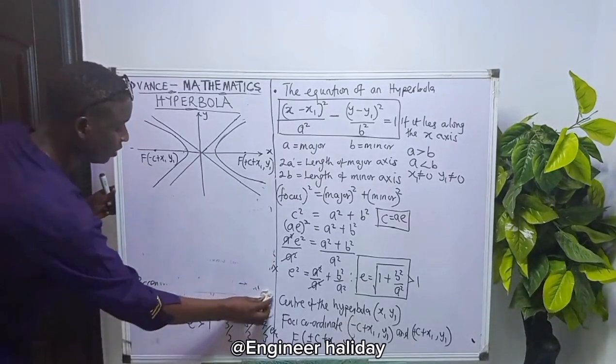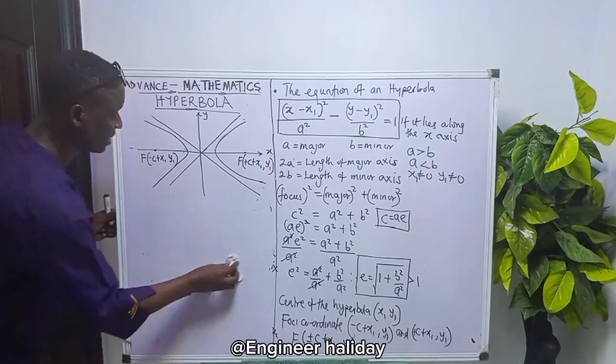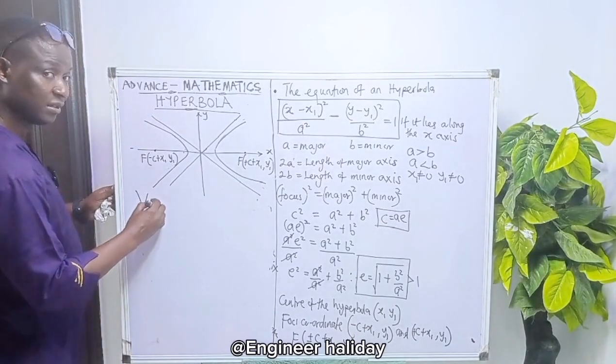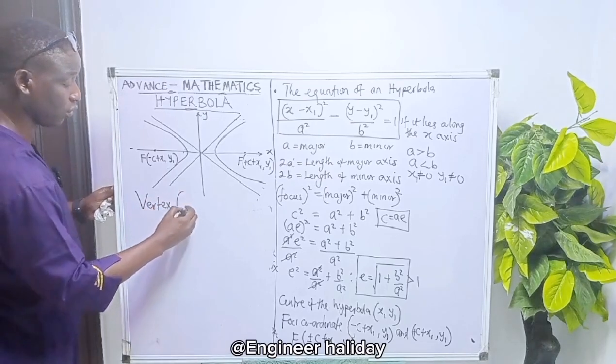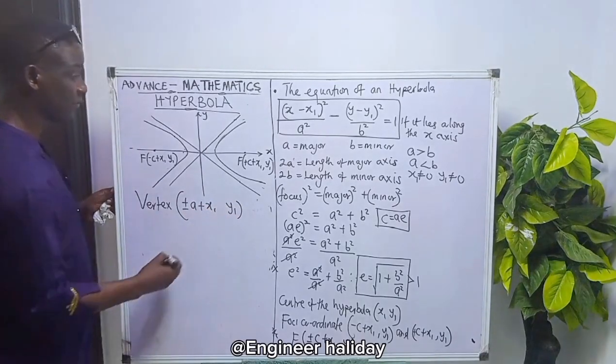Everything I have talked about is the same for ellipse. I'm not going to waste time, so I will just list them out. The vertex is equal to plus or minus a plus x1 comma y1.